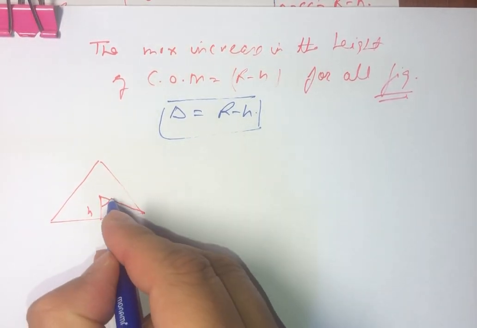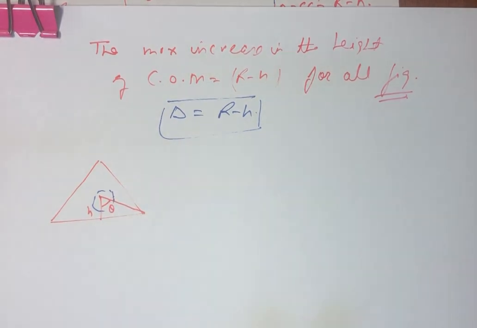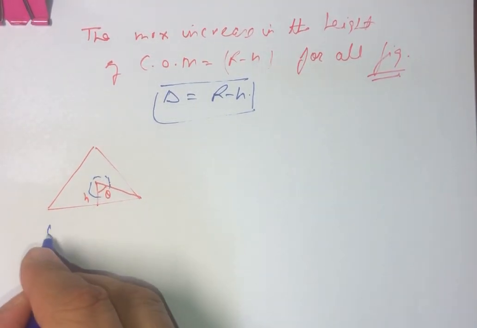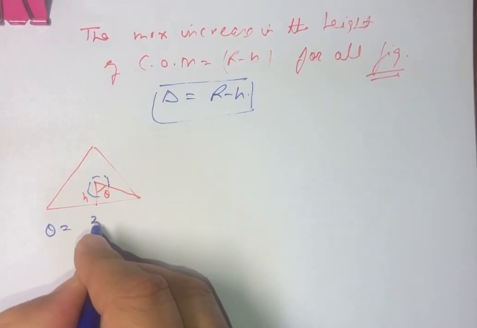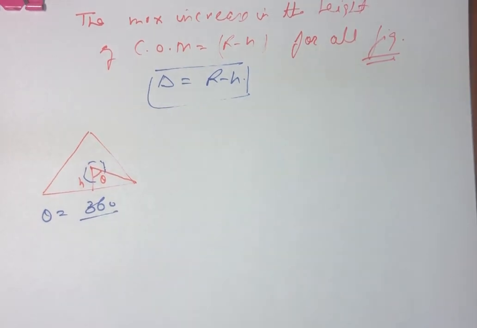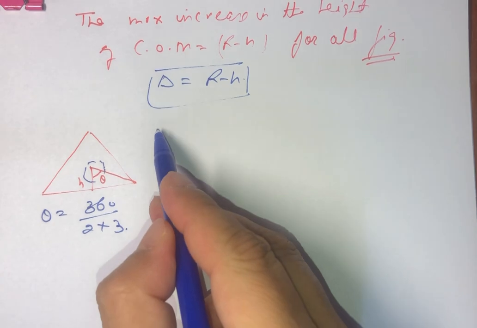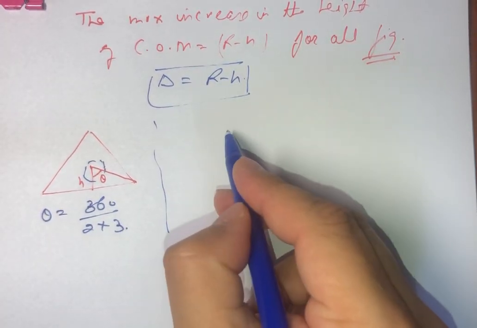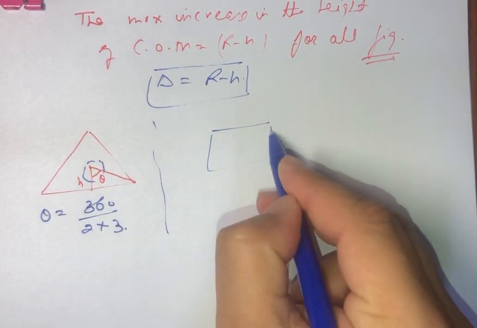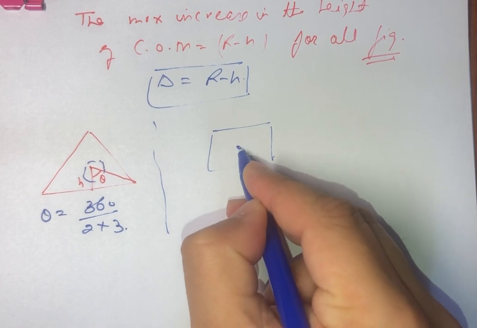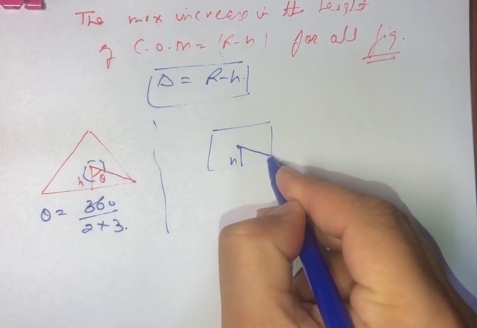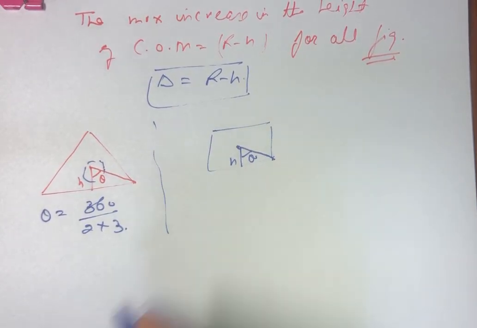The complete angle is 360 degrees. So we can say theta is equal to total angle divided by 2 multiplied by 3. Similarly, for square, we have this height H and this is theta.